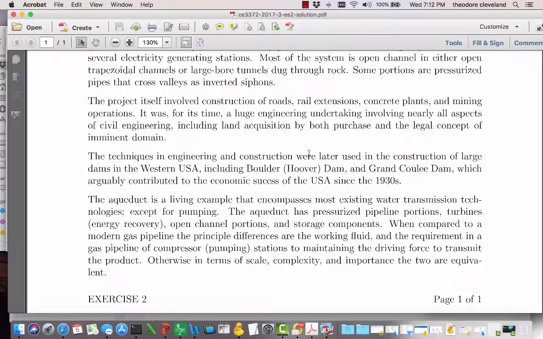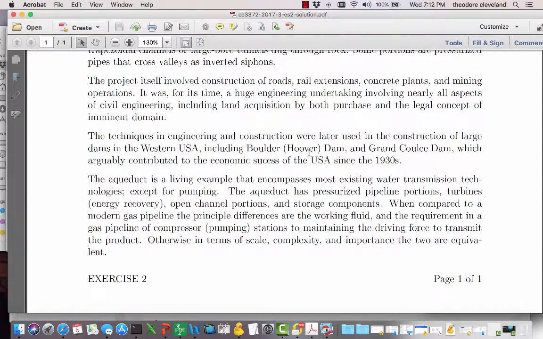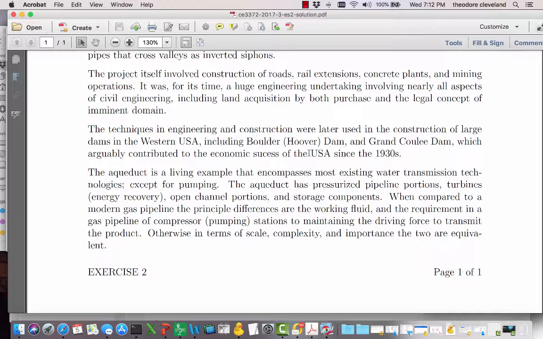The project itself involved construction of roads, rail extensions, concrete plants, and mining operations. It was, for its time, a huge engineering undertaking involving nearly all aspects of civil engineering, including land acquisition by both purchase and the legal concept of eminent domain.